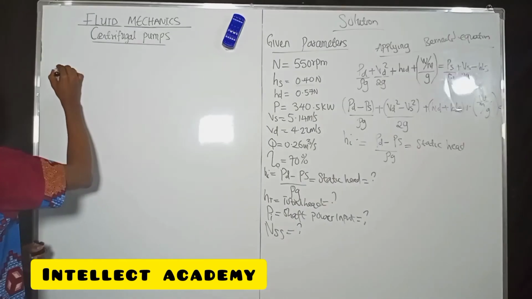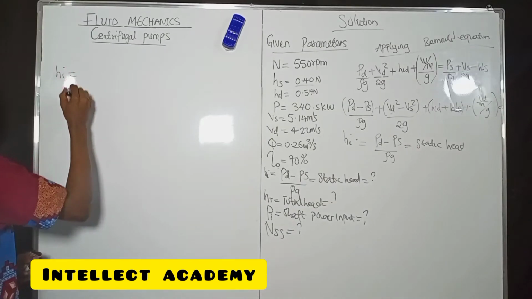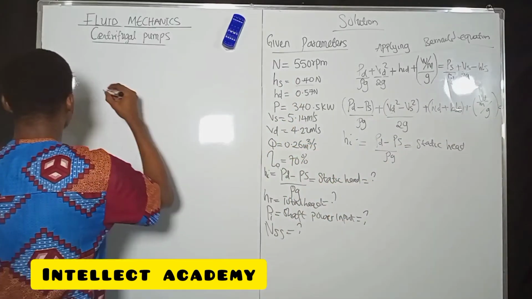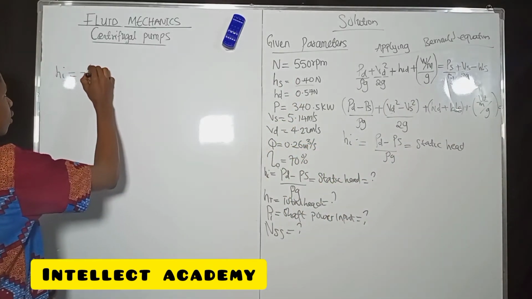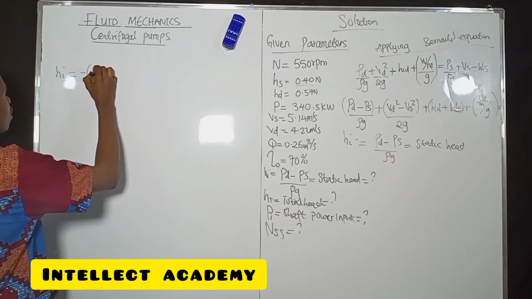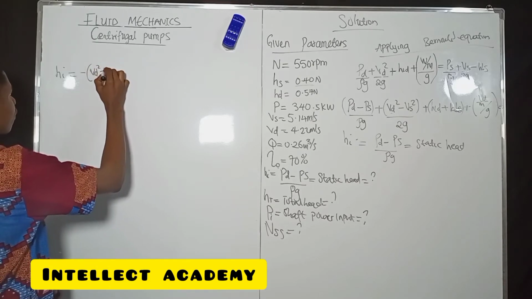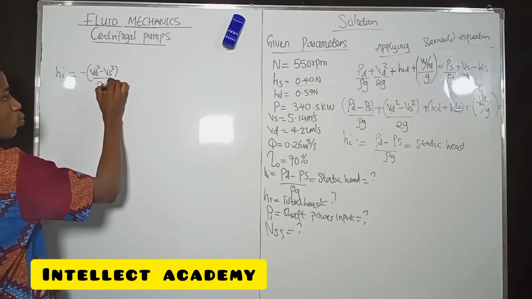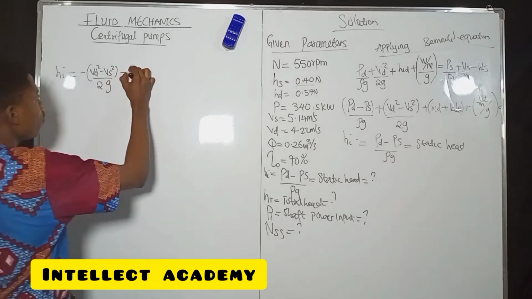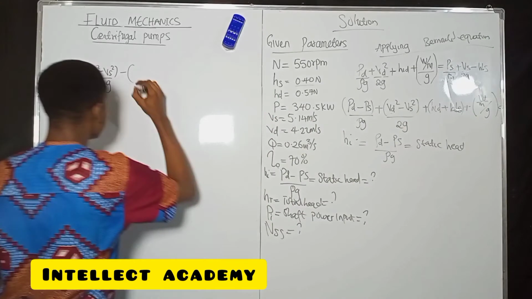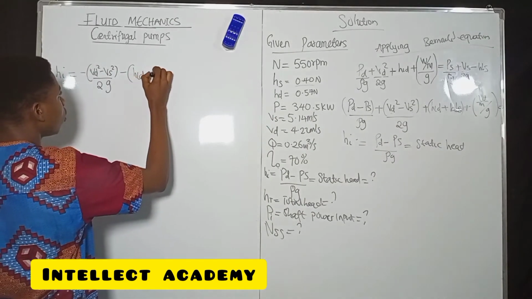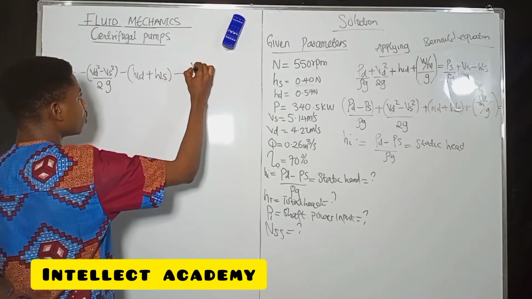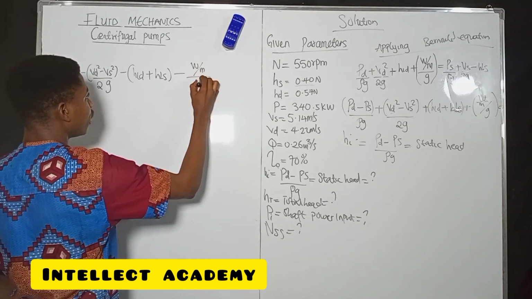So we have HI, and when we move this to the other side, we're going to have negative VD square negative VS square all over 2G. When we move the losses to the other side, we're going to have HLD plus HLS. And moving the work term, we have W over M over G.